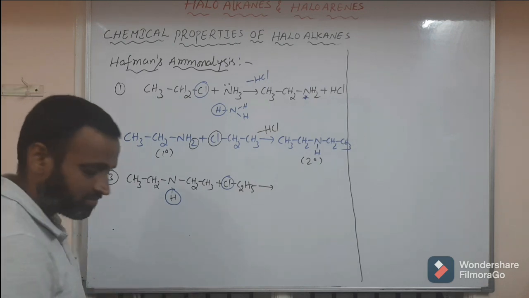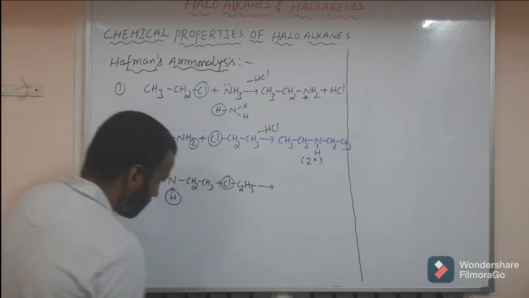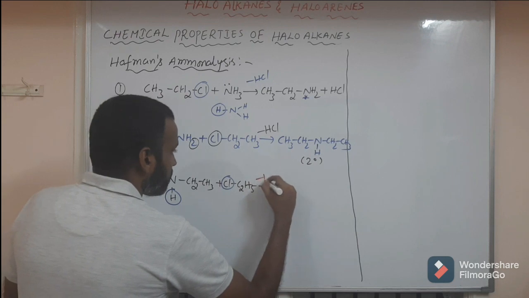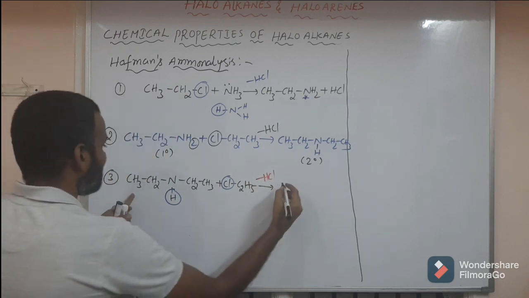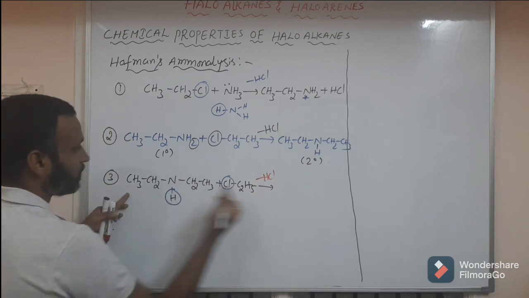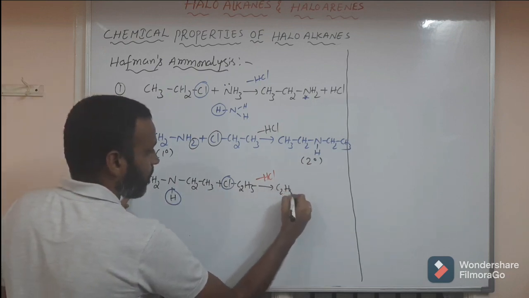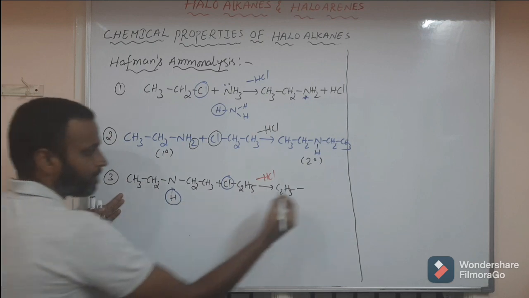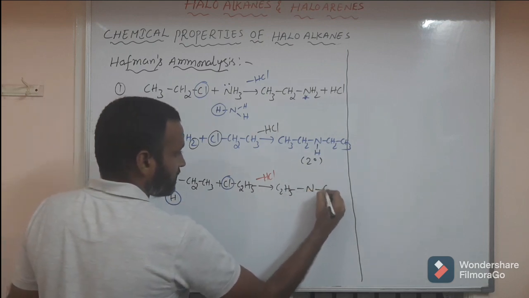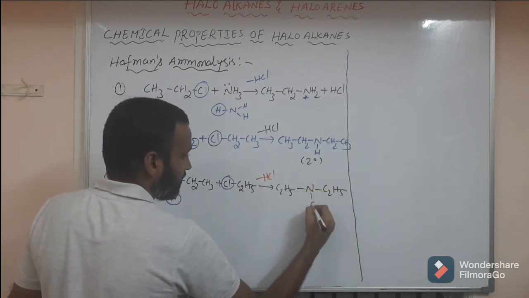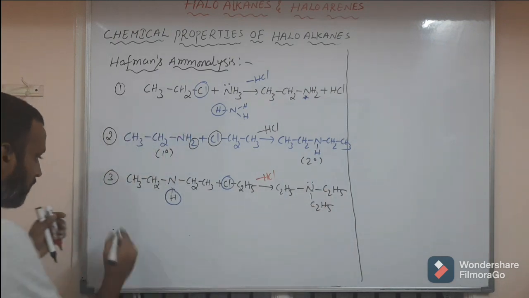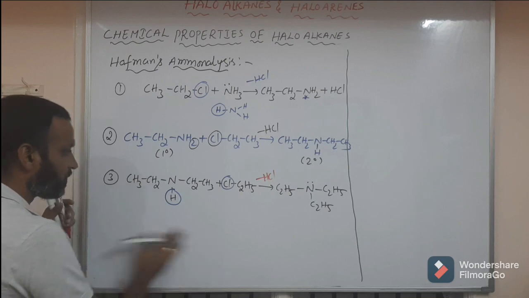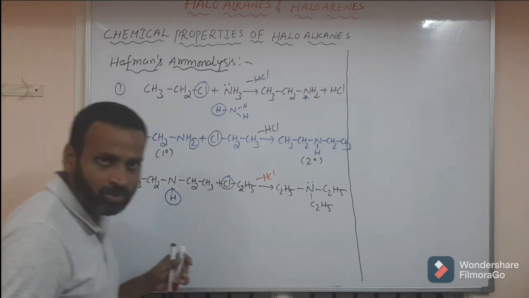So now what can be removed? HCl can be removed. So what can be the product here? I will write CH3CH2 as C2H5, N, C2H5, C2H5, with a lone pair. Now, sir, hydrogen is not there, so HCl removal is not possible, no sir?